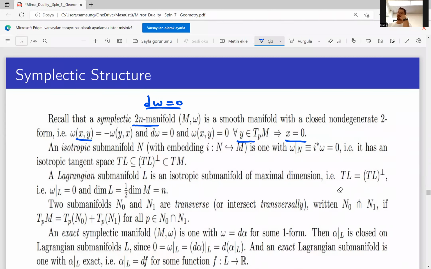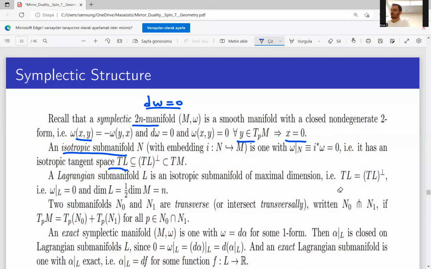So the submanifolds of the symplectic form have special names. One of them is the isotropic submanifolds: if you have an embedding and you restrict your form to N, you will find 0 directly, isotropic spaces.